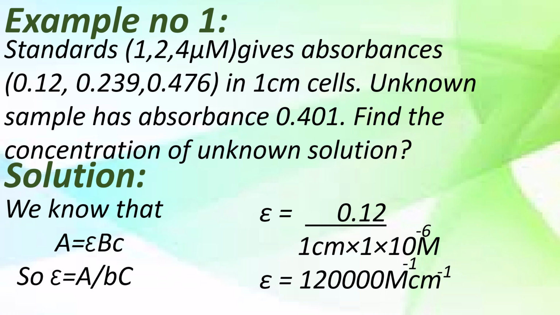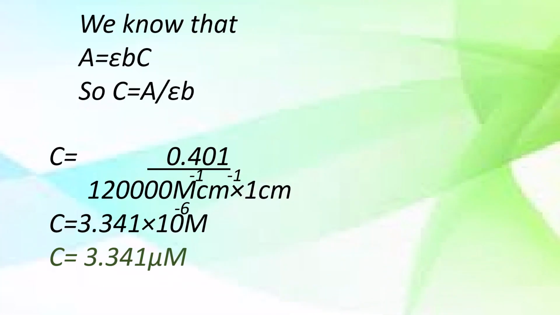Now we will find out the concentration of unknown solution. We know that A is equal to epsilon BC. So C is equal to A over epsilon B. First we will write absorbance of unknown solution 0.401 divided by molar absorptivity value and divided by path length.